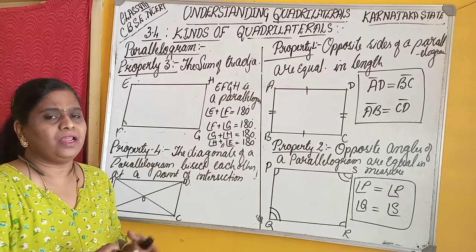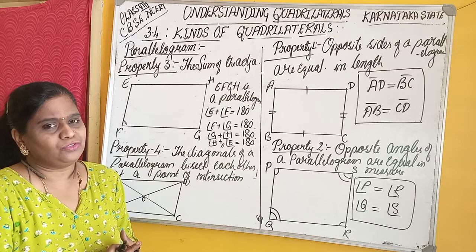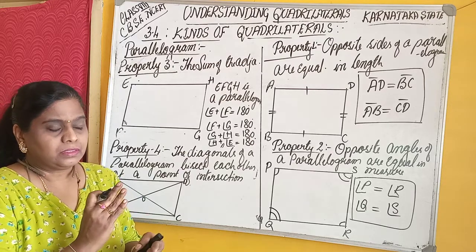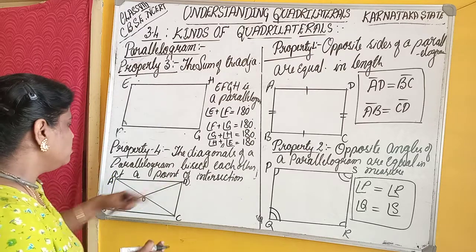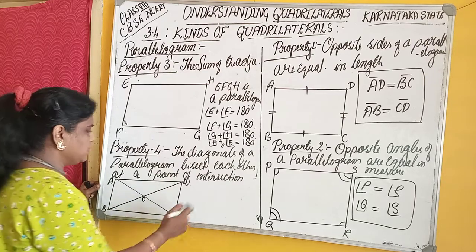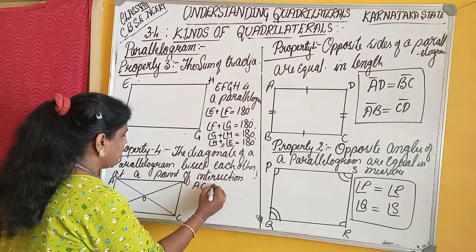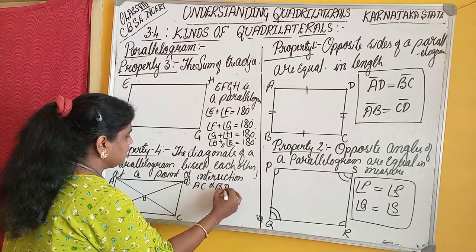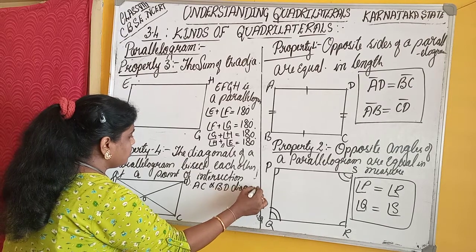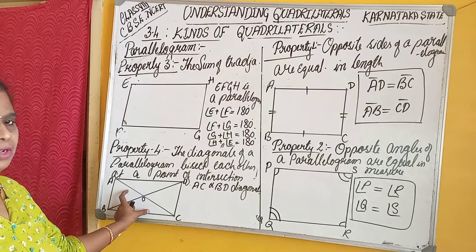Now, what is the meaning of bisects? They divide equally into two parts. Bisects means they divide equally into two parts. And thus BD and AC bisect each other.